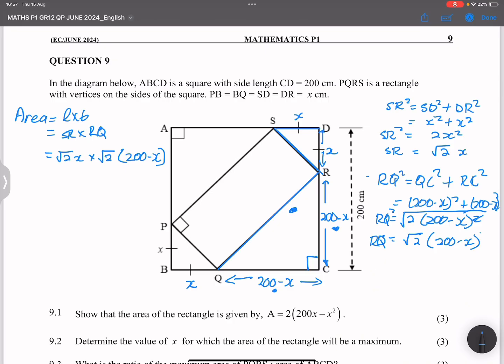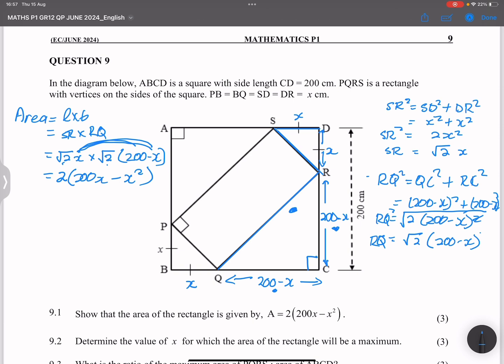Right, so in this case, we've got square root 2 times square root 2. This will give us 2. And now we multiply the x inside the bracket, right? So this will be x times 200, that will be 200x. And x times x, this will give us minus x squared.